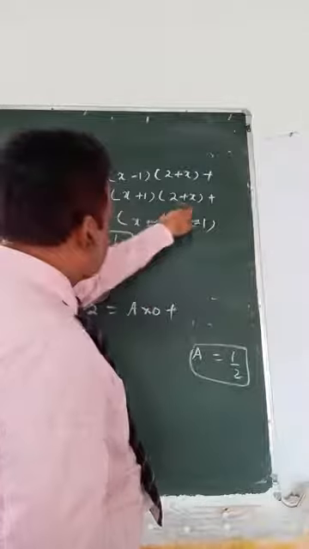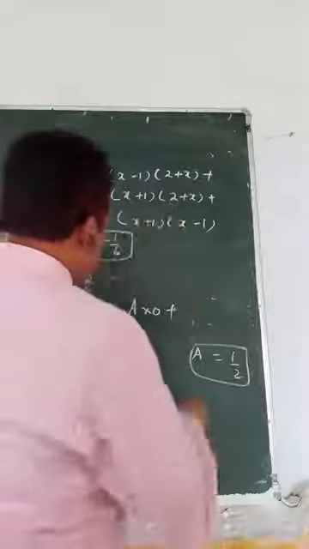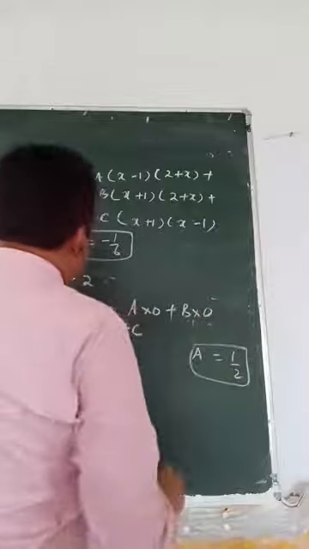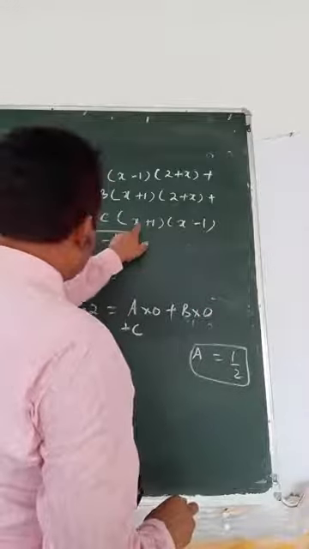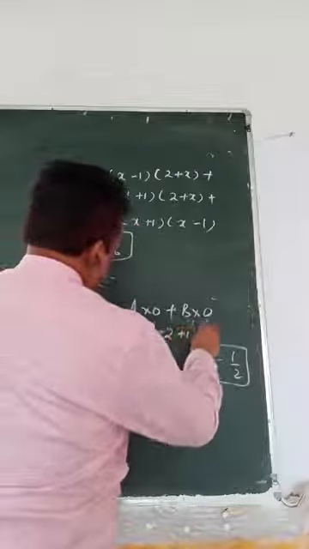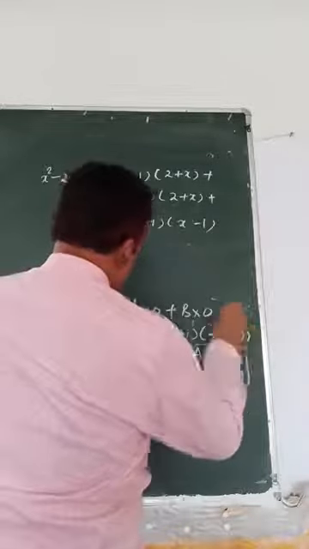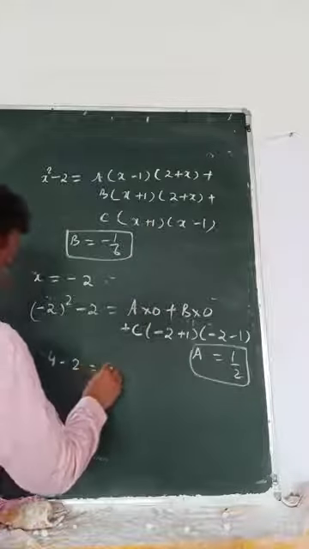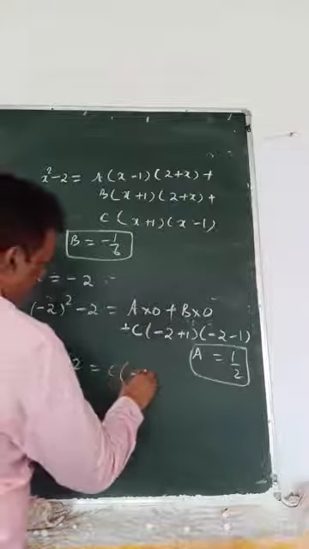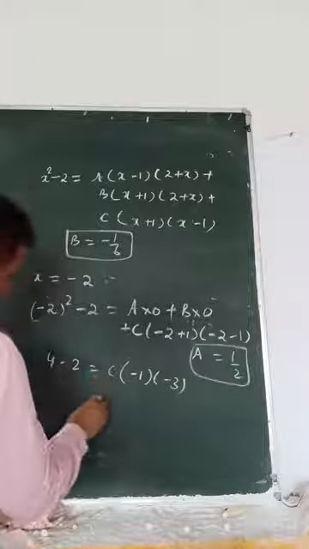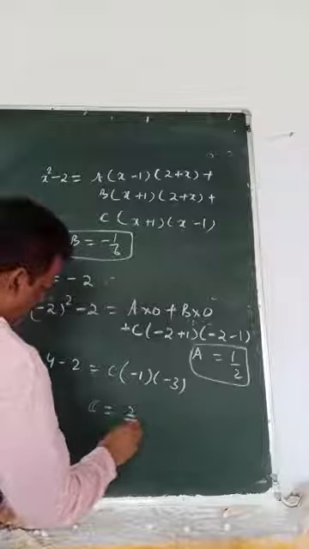B is also 0 because with minus 2 this will be 0. Plus C into, with minus 2 you are putting, (-2 + 1)(-2 - 1). So this is 4 minus 2, C into minus 1 into minus 3. This is plus 3, this is 2. So C is equal to 2 by 3.